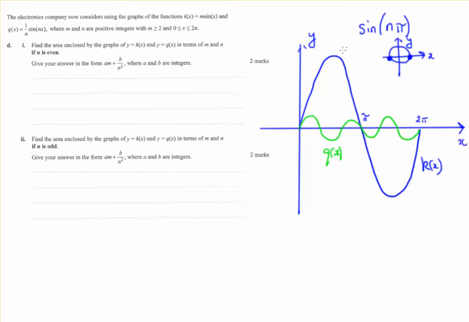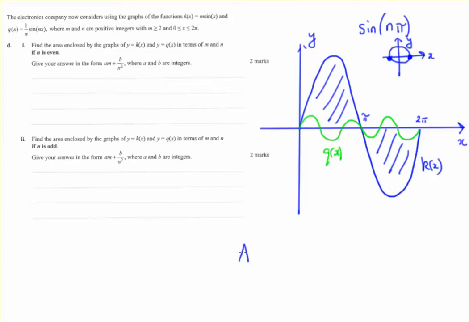Okay, so it wants us to find this area enclosed in terms of m and n if n is even. Well, we need an area expression to start off with before we can do anything.